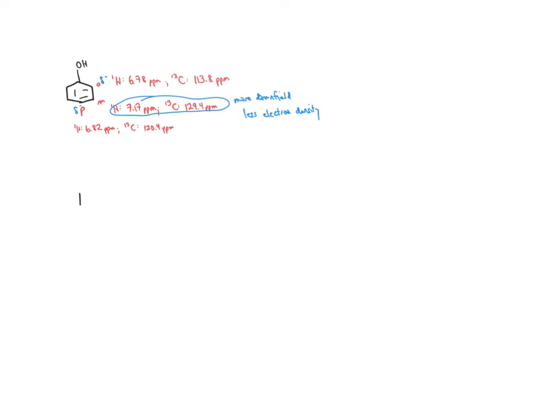Another way of looking at this is just by drawing the resonance forms for phenol. We can take the oxygen lone pairs, and what you'll find is as they resonate throughout the benzene ring, you're going to place negative charge on only the ortho and para positions. You never place that negative charge on the meta position.